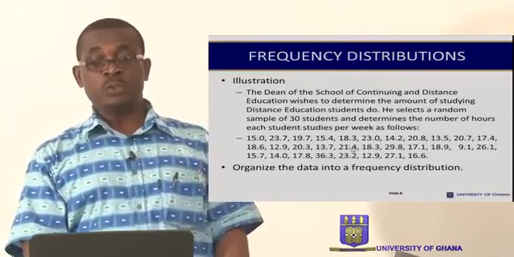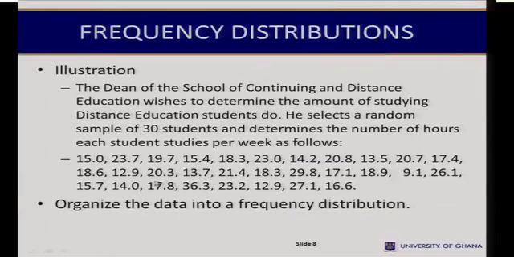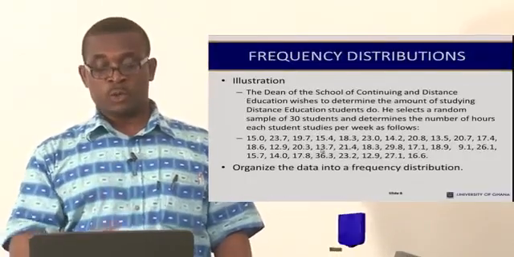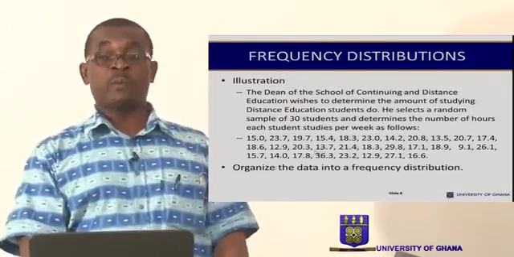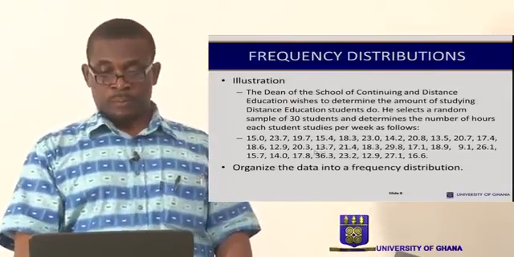The numbers you see are the responses from these students. So this is called raw data. It's just been written there, and you don't see any trend. You cannot make sense of it. But we can organize it into a frequency distribution.